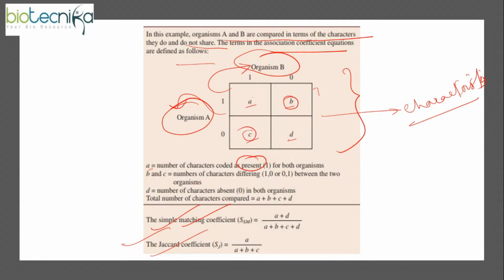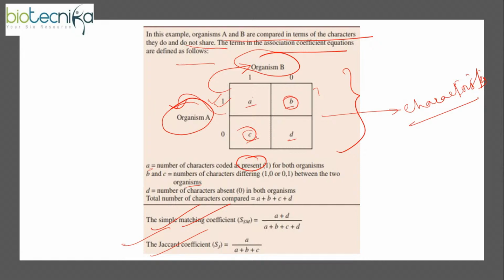Okay, now let's come to B and C. So what is B and C? Numbers of characters differing between two organisms. Differing means we can see here a character is present for organism A, but for organism B it is absent.